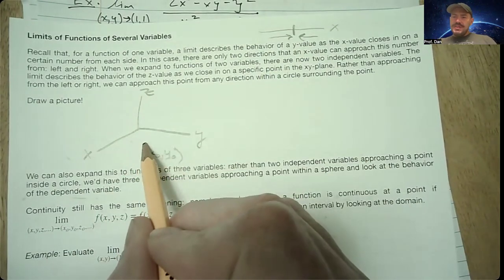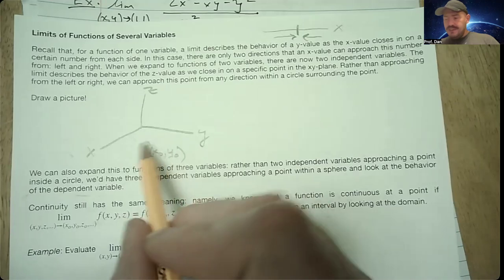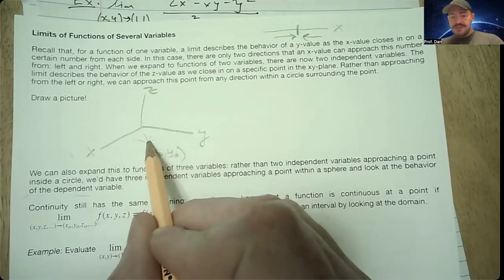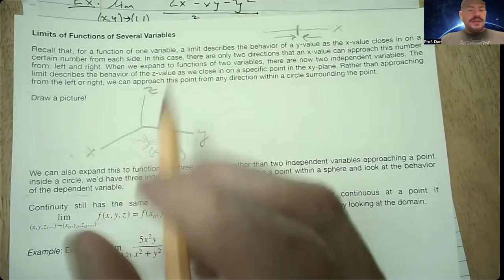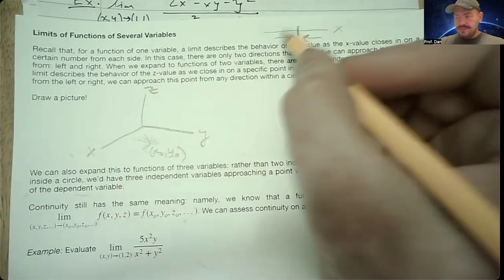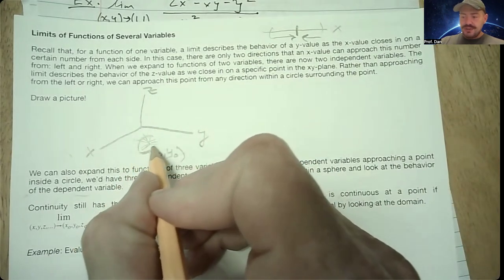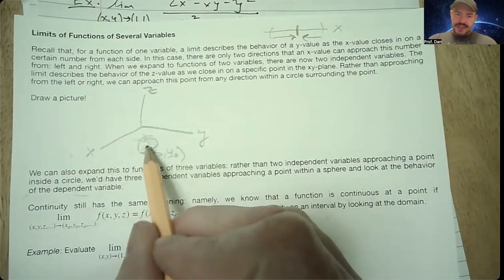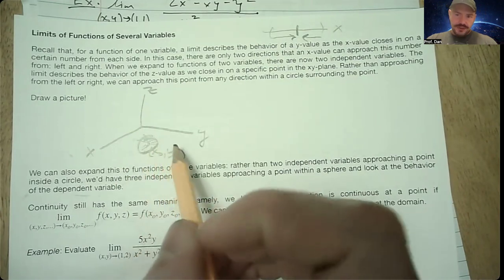I can approach that coordinate from infinitely many directions. I can come from this way, this way, this way, from that way, that way, that way. Basically, instead of looking at just an interval along a number line, we're actually looking at a circle, because you can approach this XY coordinate from any direction in this circle.